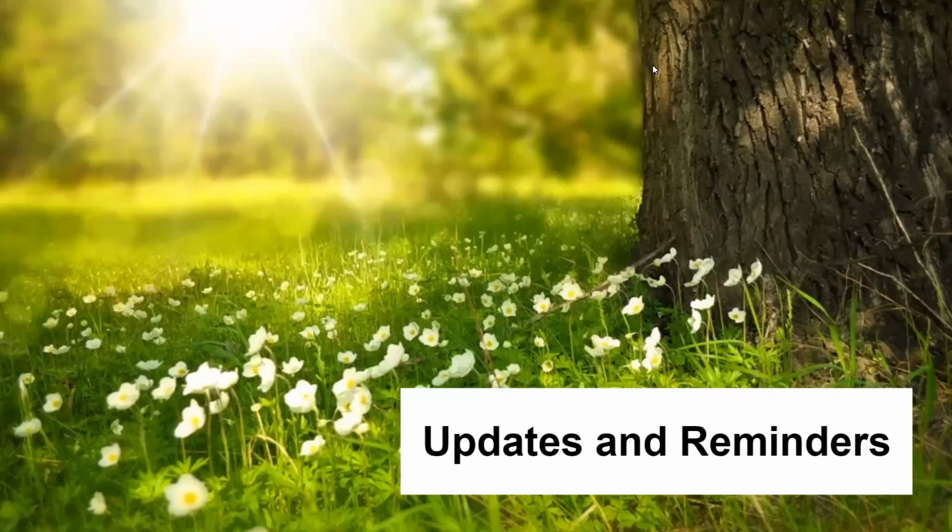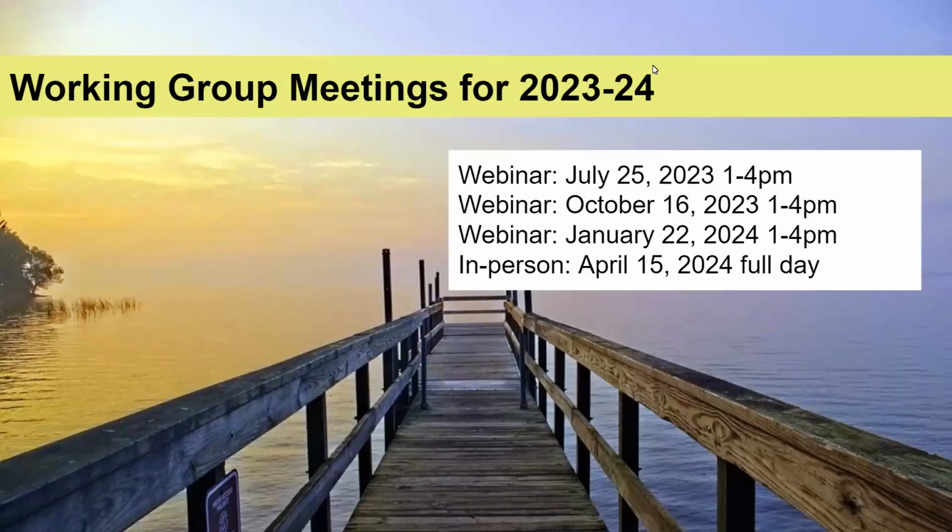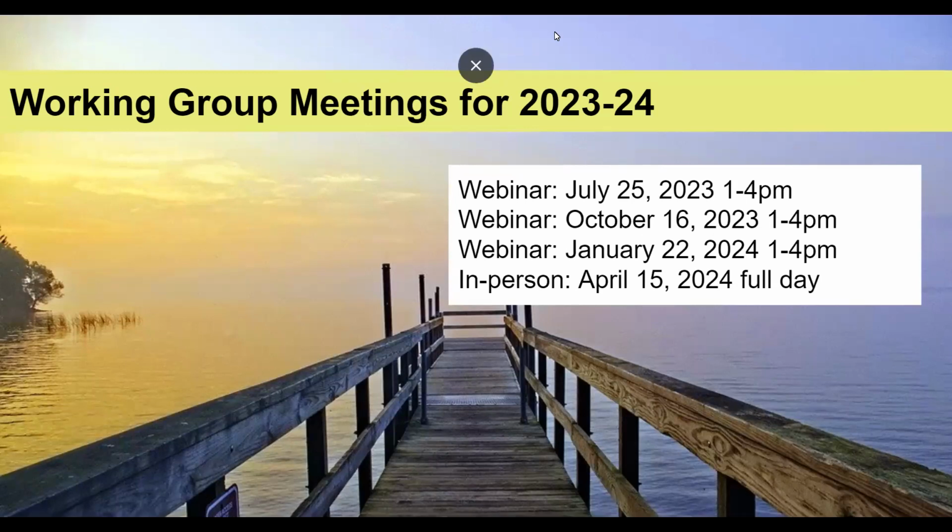All right, so to get us started today, we're just going to take a few minutes with some updates, reminders, things to know, things to remember. First off, I hope that you all have these meetings on your calendar. These are the meetings scheduled for the upcoming program year, school year, basically. Quarterly meetings, as we always have.